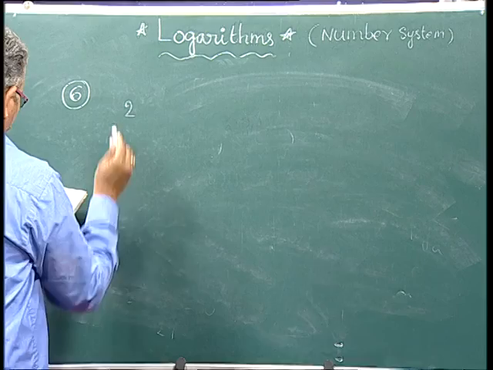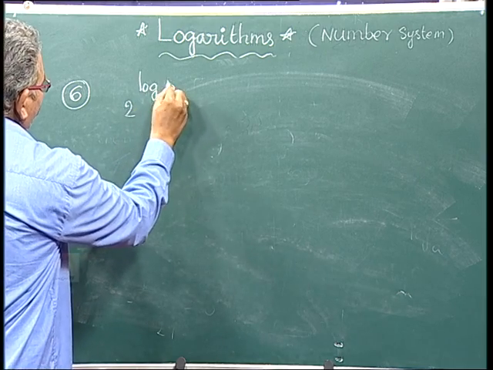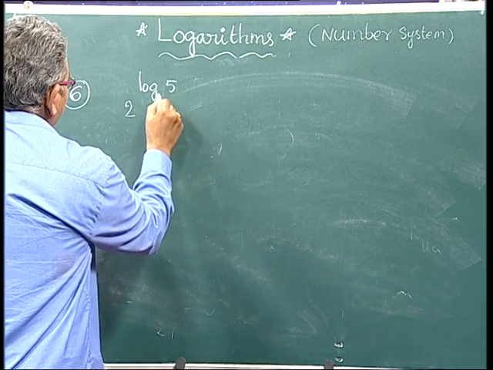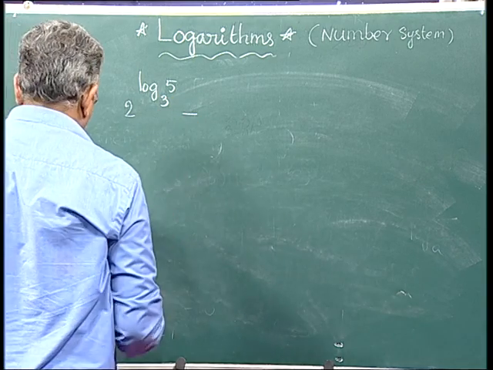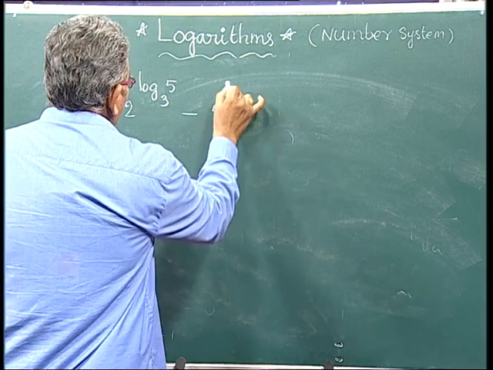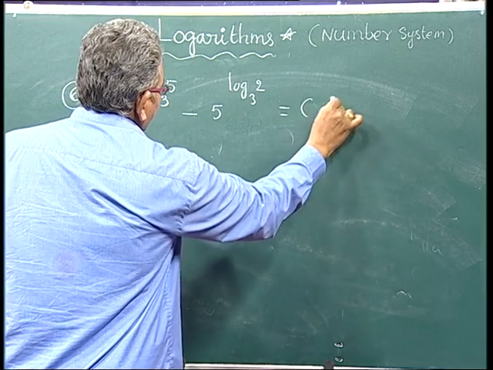2 to the power of log 5 to the base 3, minus 5 to the power of log 2 base 3, equals to.